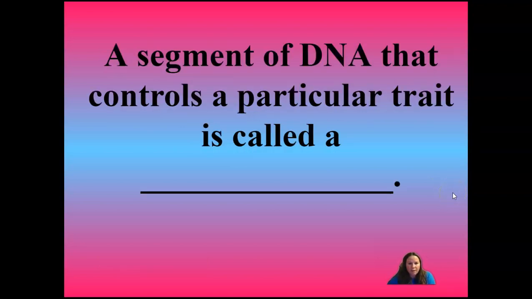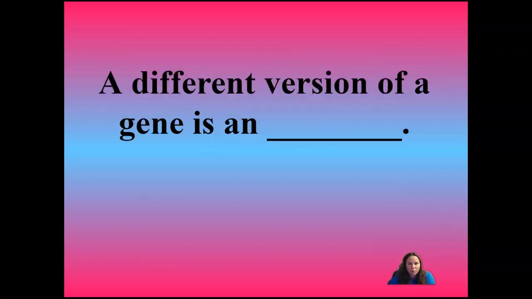A segment of DNA that controls a particular trait is called a, answer is gene. A different version of a gene is, it gives you a clue, it's going to start with a vowel. Answer is allele.